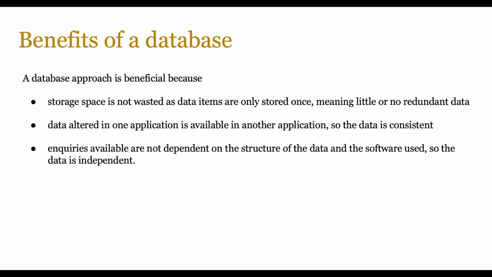If data is altered in one application, for example, if the payroll program alters the staff ID number, that's also available to the sales application. So data becomes consistent. And the inquiries available are not dependent on the structure of the data or the software used. So the data is now independent of the programs as well. Any of the programs, whether it's the payroll program or the sales program, if they alter something in the data, the other program accesses that as well.